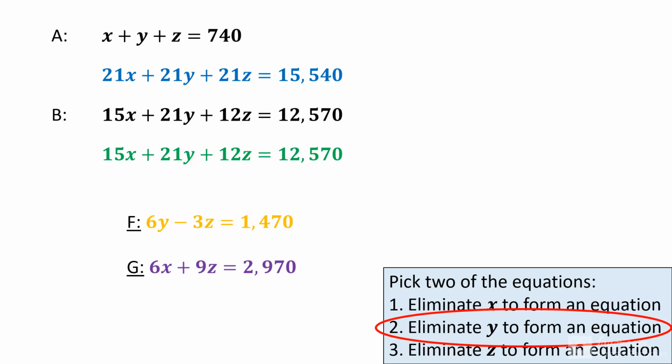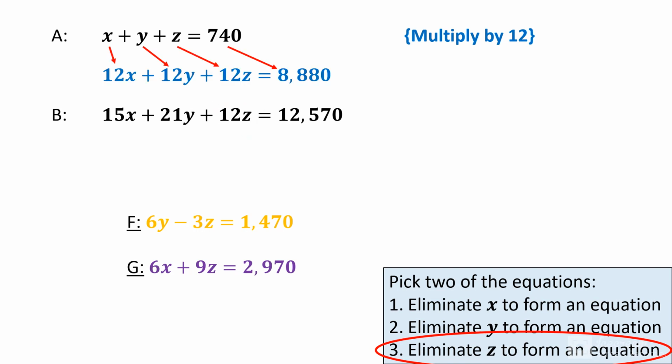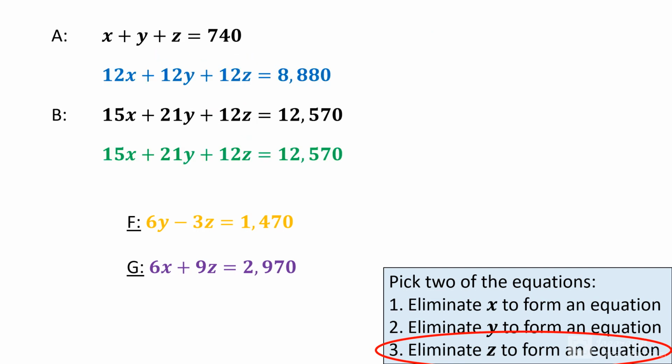Right, well once again we're going to stick to the same two equations and we're going to repeat the process, but we're going to eliminate z this time. So to do that, we're going to multiply everything in equation A by 12. And we're going to write down equation B once more. And we're going to do our elimination process once more. Now again, I'm going to go bottom equation, take away top.